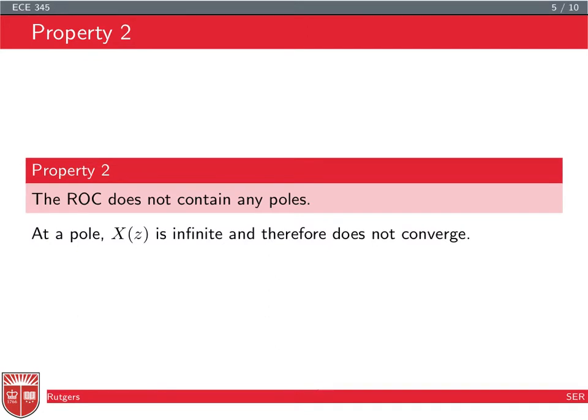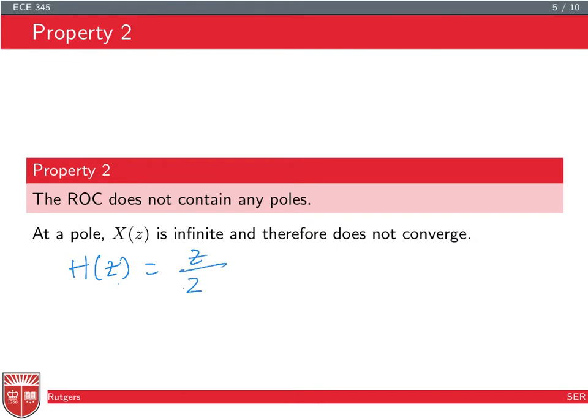Just to give you an example, if you take H(z) equal to z divided by z minus 1/2, let's say, then you have a pole at z equal to 1/2. If you plot the pole-zero plot, you have a pole at 1/2 and a zero at 0, and you know for sure that the ROC cannot contain the pole. So the ROC cannot be this, for example.